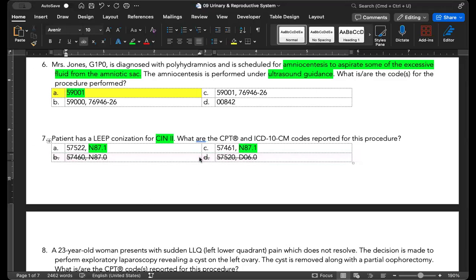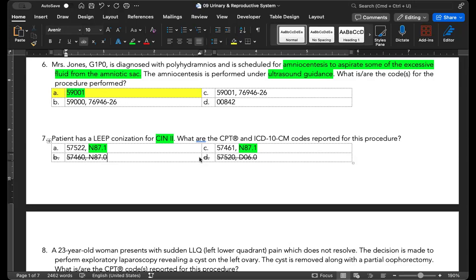Then we just need to pull out our CPT book and look for 57522, to see if that matches our description for LEEP. 57522 is for a conization of the cervix with or without fulguration, with or without dilation and curettage, and with or without repair, done by loop electrode excision.